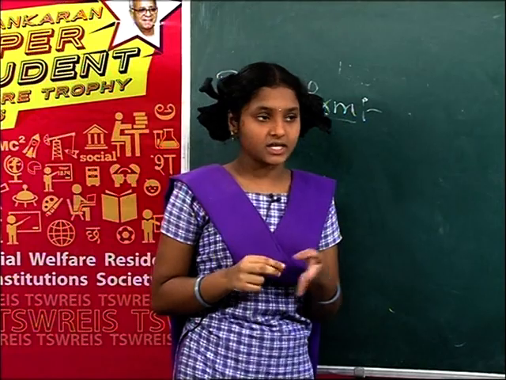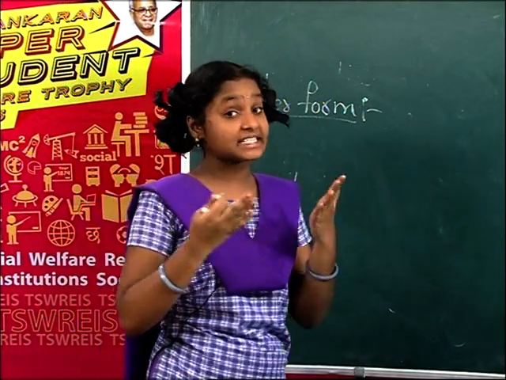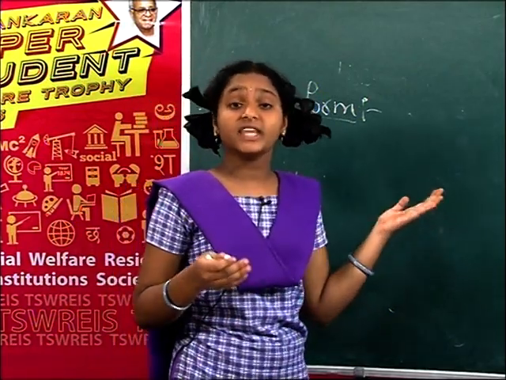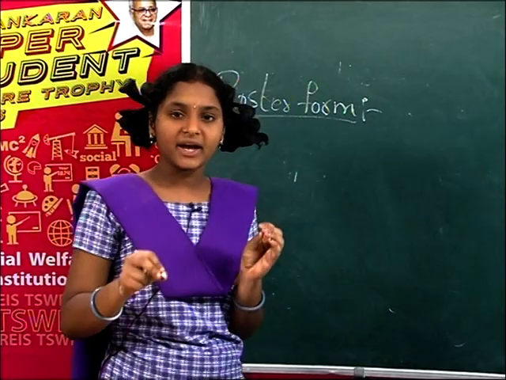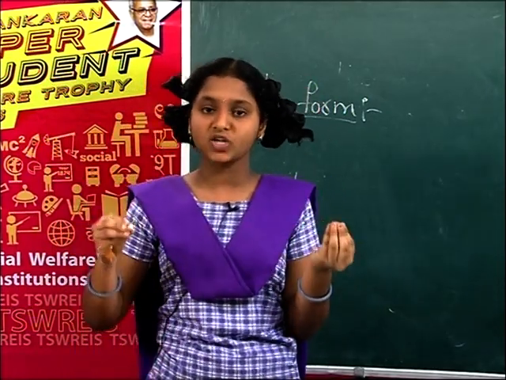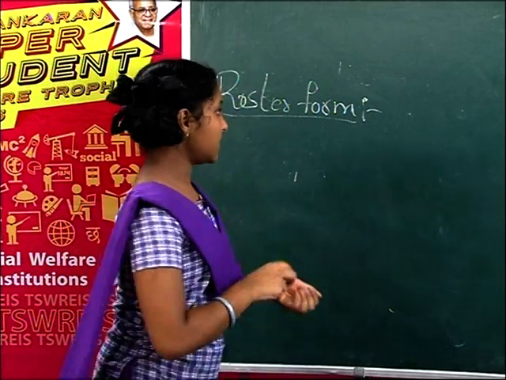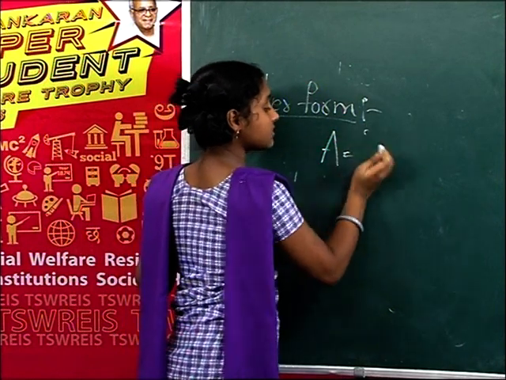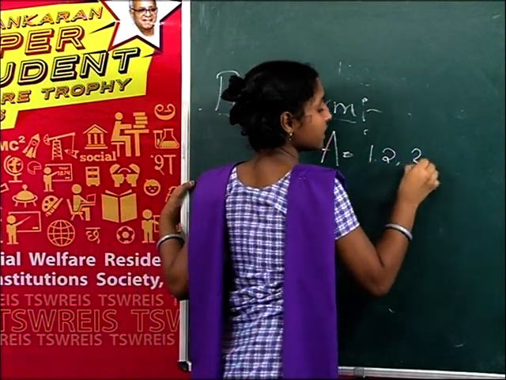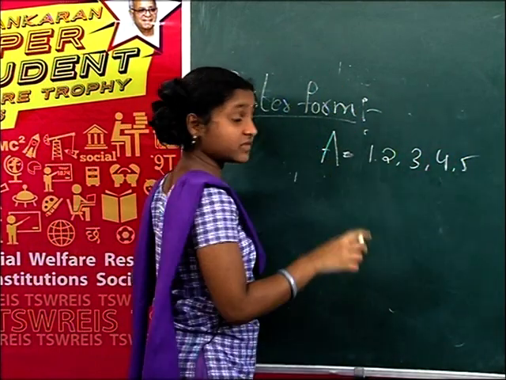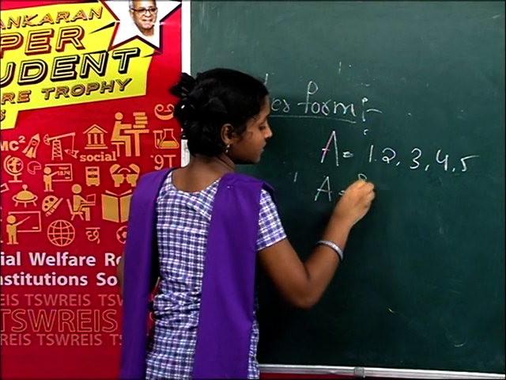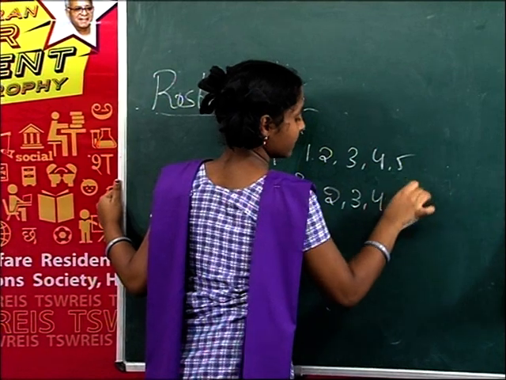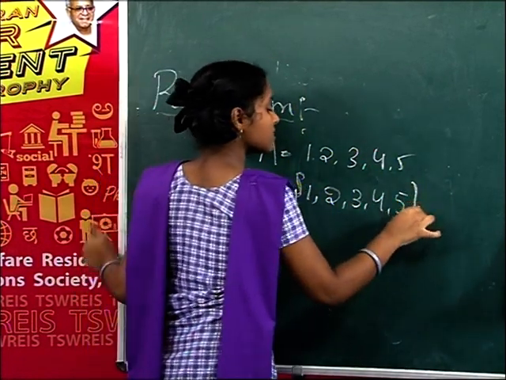Now roster form is, if we take any set and write it in the roster form, the elements inside the set should be separated using commas within curly brackets. Now if I take a set A which has 1, 2, 3, 4, 5, in the roster form we represent A equals 1, 2, 3, 4, 5, and we close this using curly brackets.